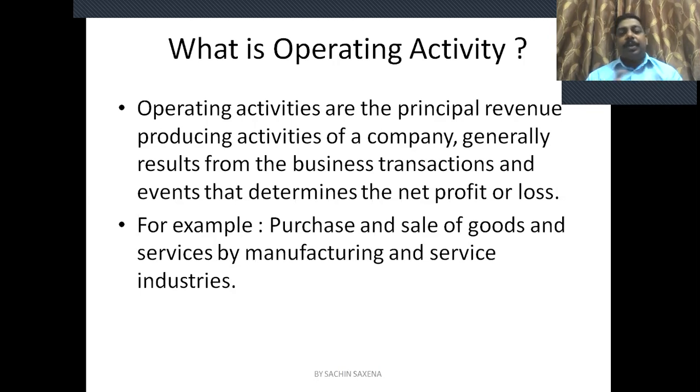These are the principal revenue activities through which we find out our net profit or net loss during the year. For example, purchase and sale of goods and services by manufacturing and service industries. If we have a manufacturing industry, it is what we are producing and selling, and if we have service industries, it is what we are buying and selling. In service industries buying and selling does not come in, it is whatever service we are providing.